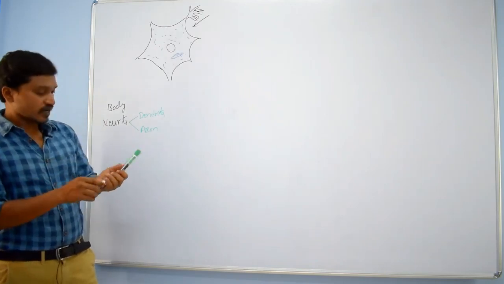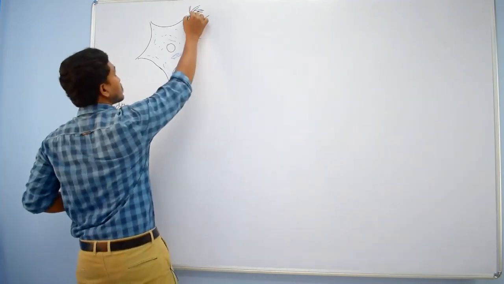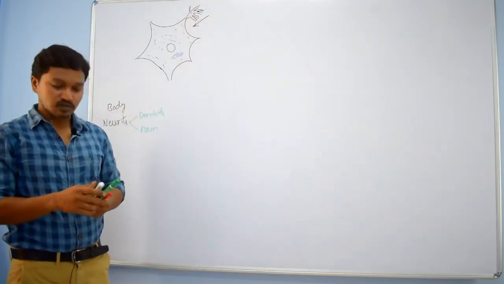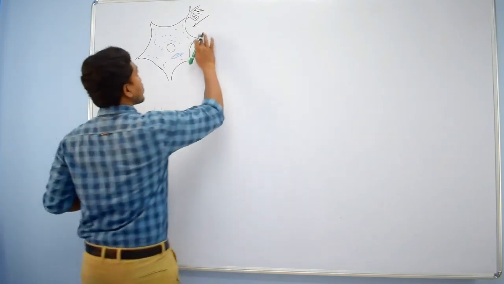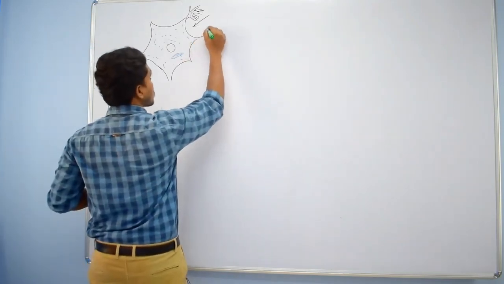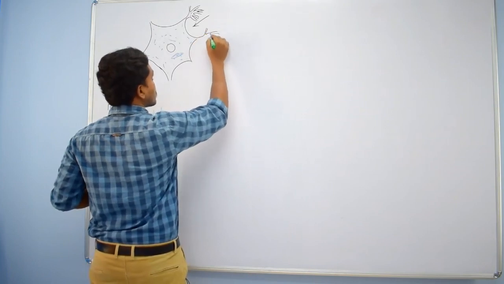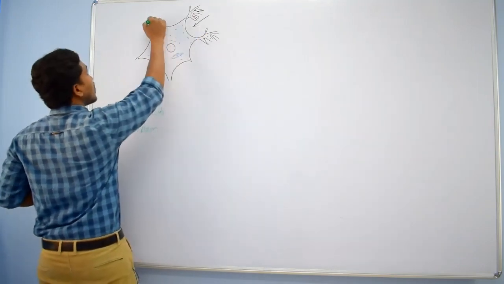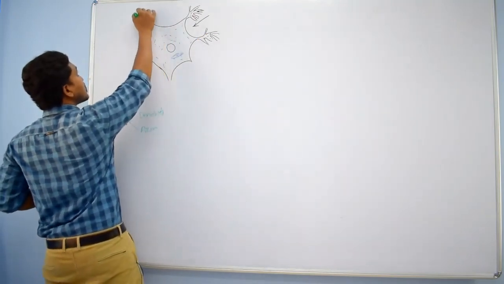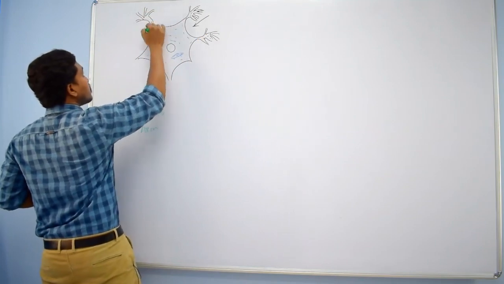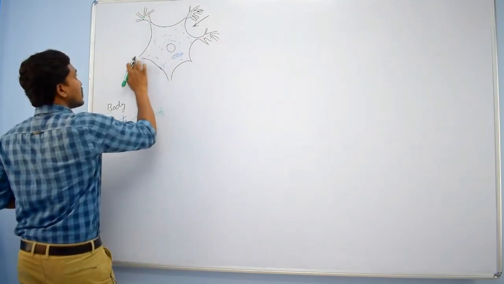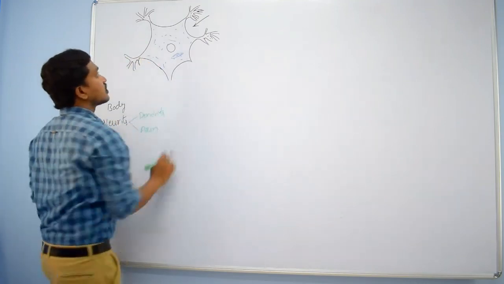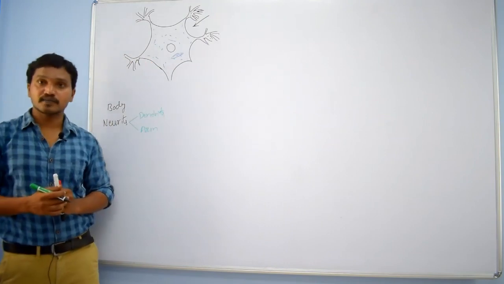And they also contain Nissl's granules. So very simple. Dendrites are short processes, they give branches, they contain Nissl's granules, and they carry impulses from the periphery towards the cell body. So that is about dendrites.